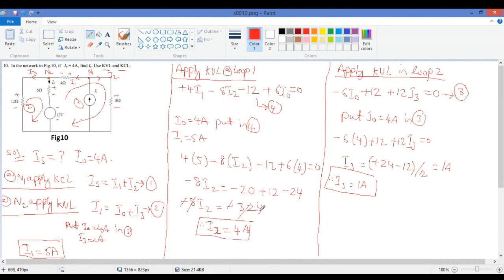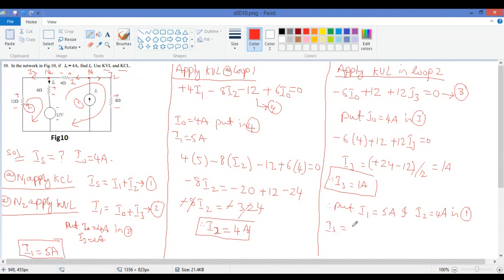Now what do we have to find out in the network figure? We have to find out IS, which is in equation 1. So we put I1 equal to 5 ampere and I2 equal to 4 ampere in equation 1.